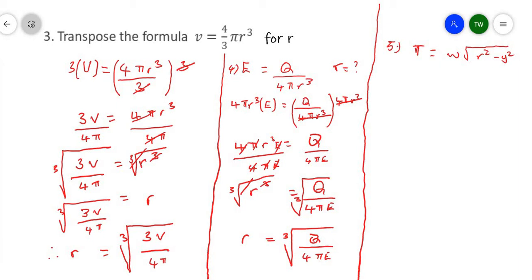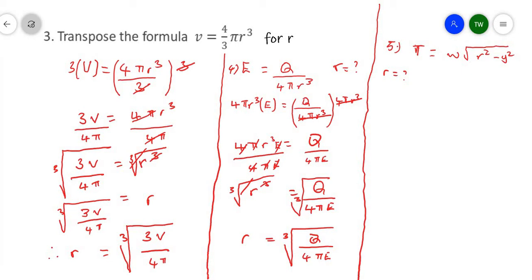Now we have a final example over here, which is number 5. We're given T equals W times the square root of R squared minus Y squared. And here we want to make R again the subject. So we want to get R equaling something. Now, what is happening to the square root of R squared minus Y squared?